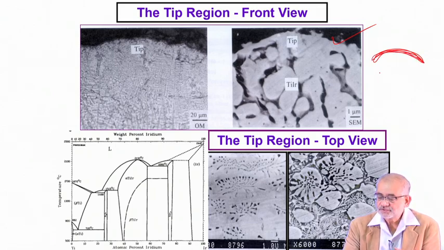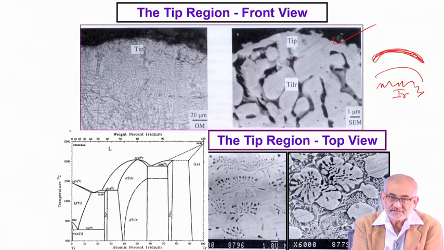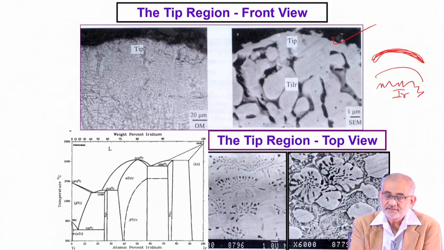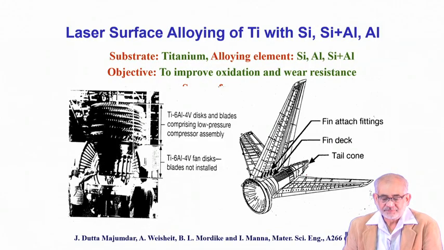Instead of a smooth surface, we want the surface to be as rough as possible, so that the specific surface area increases. And we are trying to do this on iridium, which is not possible directly. So we use laser surface alloying as a strategy to create that titanium iridium rich layer, and then use a specific etching process to create such a two-phase aggregate which is amenable to etching.